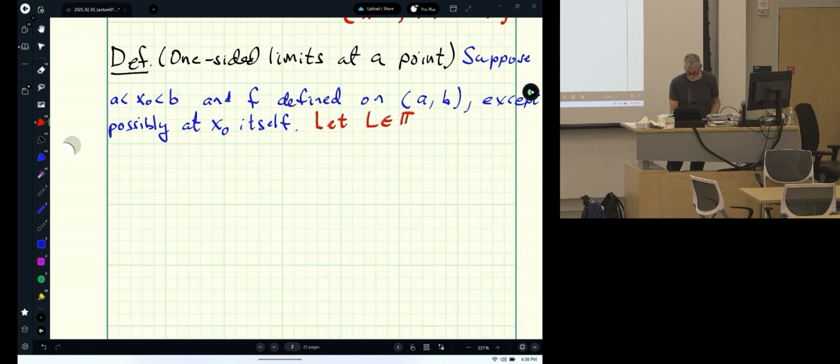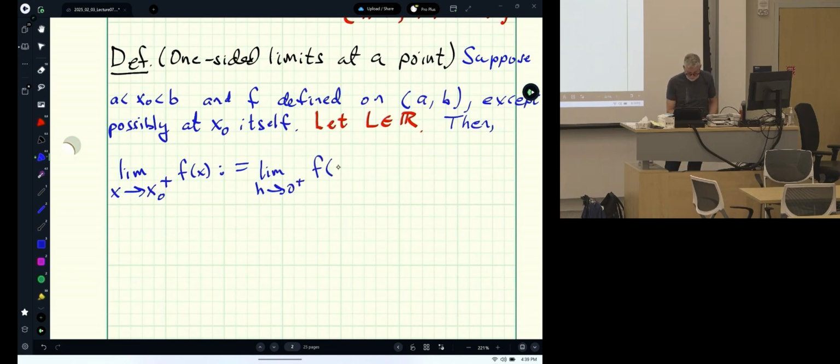Let L be a real number. That means it's finite. Then the limit as x goes to x0 plus, so from the right, of f of x is by definition equal to the limit as h goes to 0 plus of f of x0 plus h.